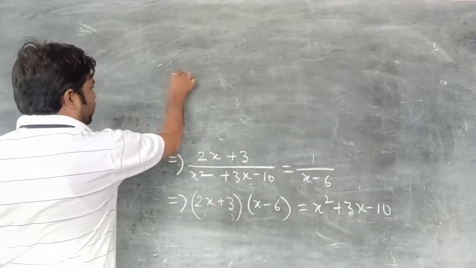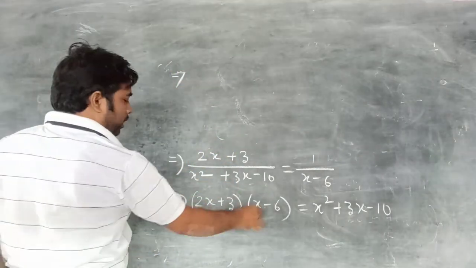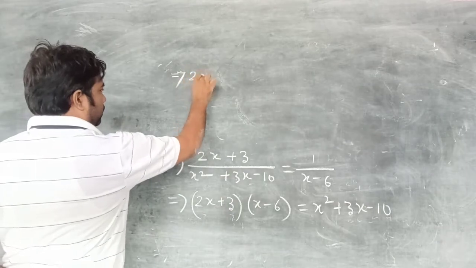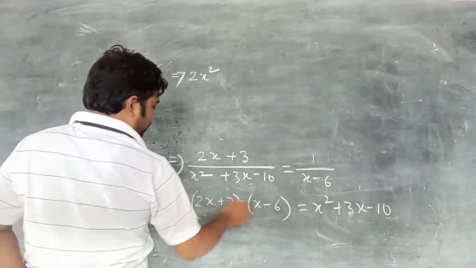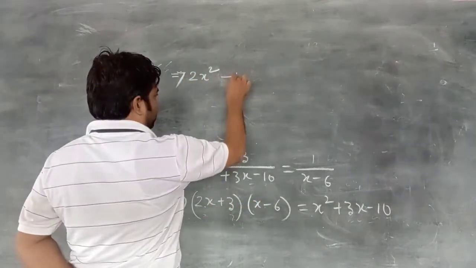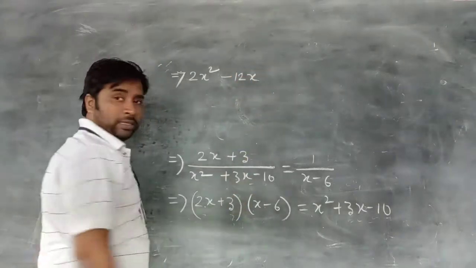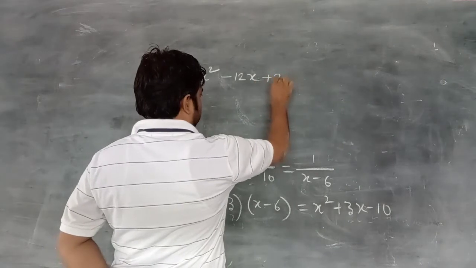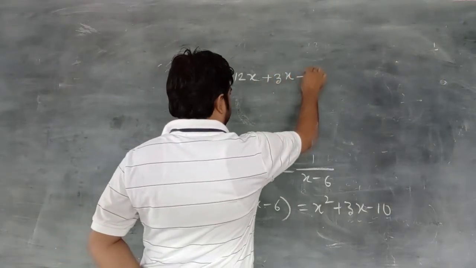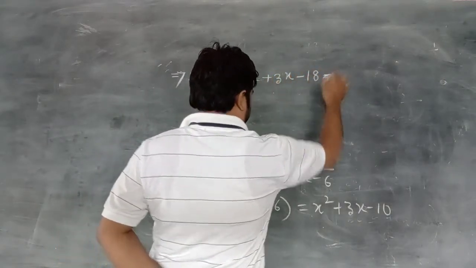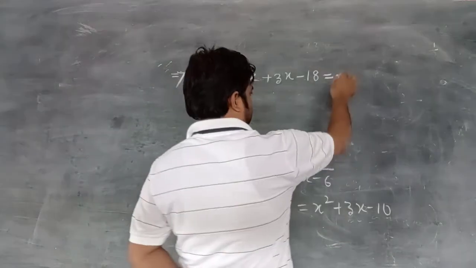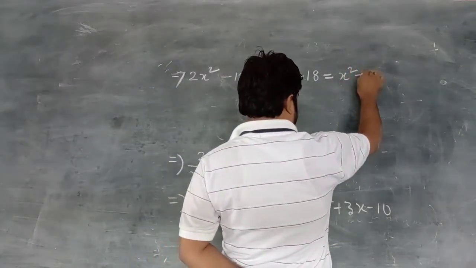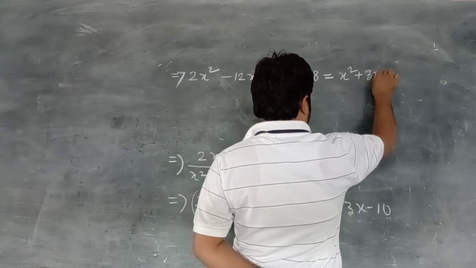This is equal to twice x into x, twice x square. Then this is 6 into 2, 12, minus 12x plus 3x minus 18 equal to x square plus 3x minus 10.